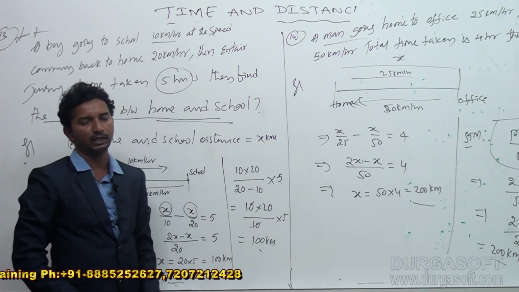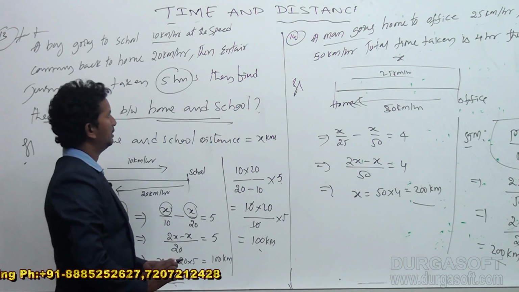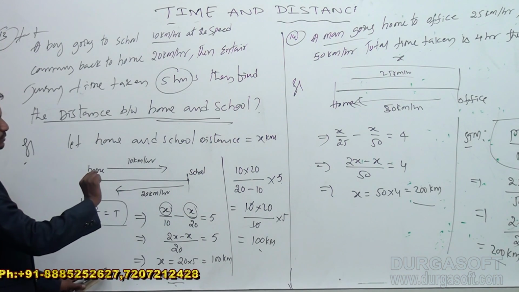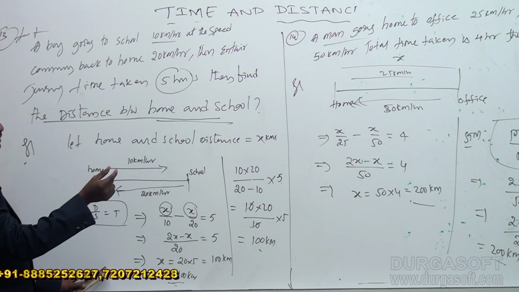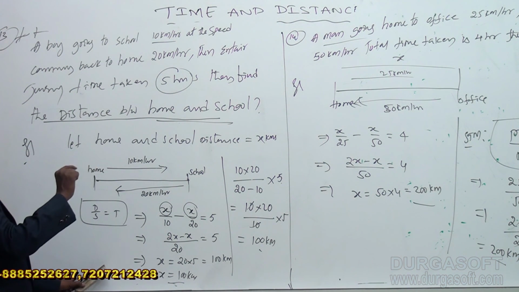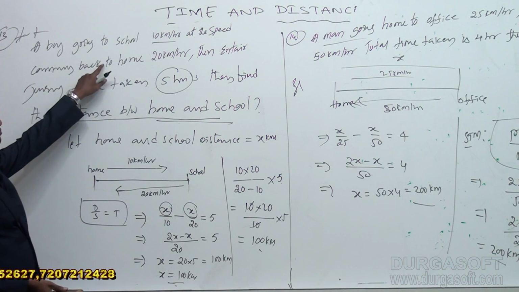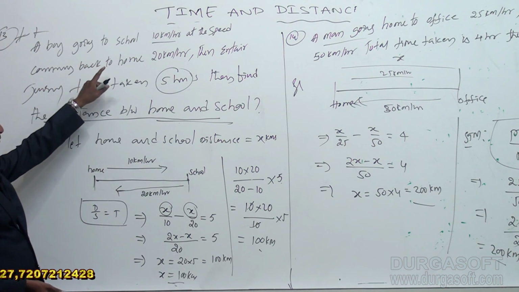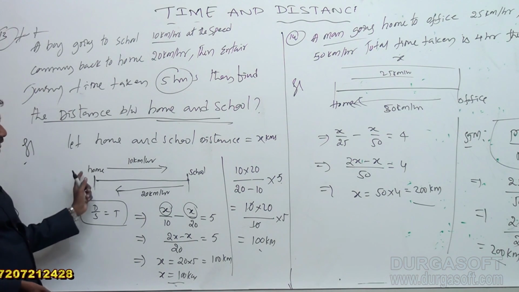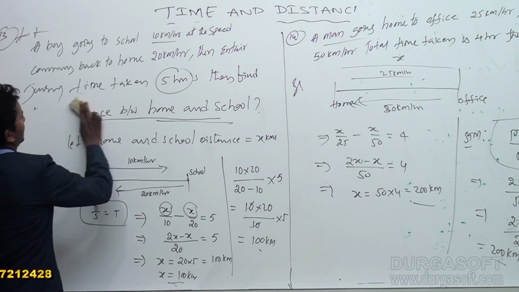You can calculate it like this. This is how to solve problems like home to office, office to home, school to village, or village to school. Now see one more problem.